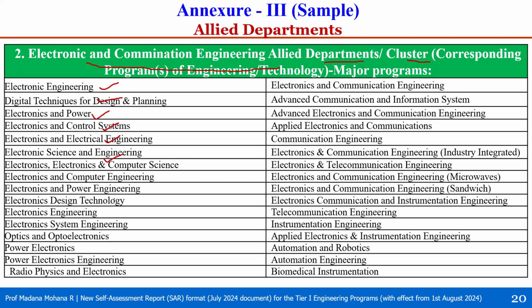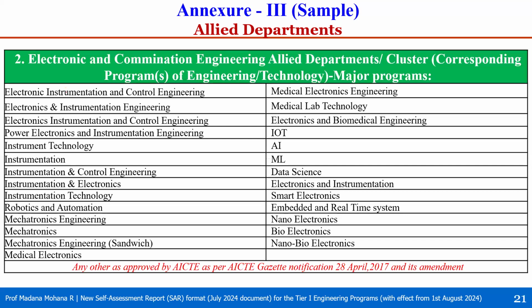In this annexure, you can go through electronics and communication, biomedical instrumentation, automation engineering, automation and robotics, instrumentation engineering, electronic instrumentation and control engineering, and so on. Some new departments are also there: IoT, AI, ML, data science, which are related to electronics and communication engineering, smart electronics, bioelectronics, nano bioelectronics, etc. Then any others as per AICTE, 28th April 2017.